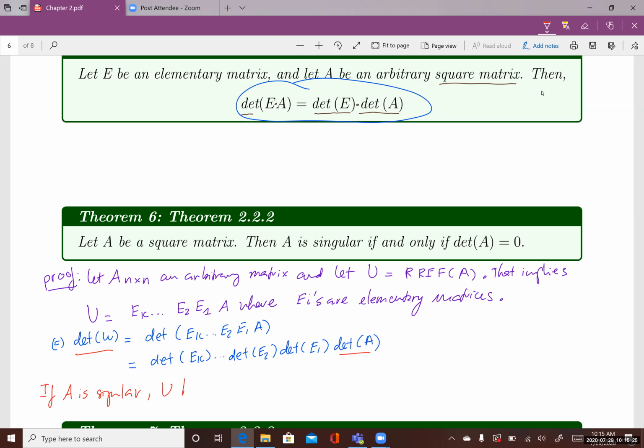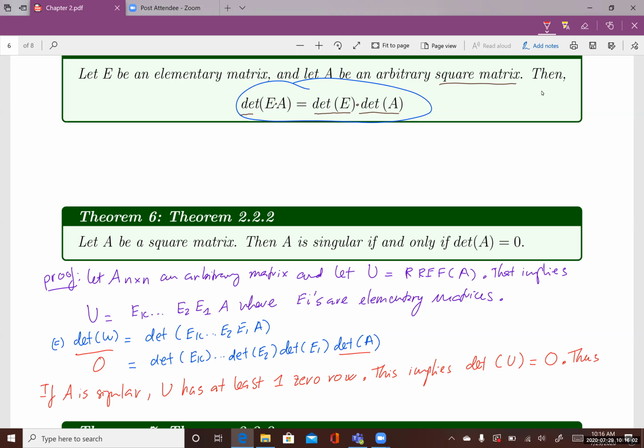Then U has at least one zero row, meaning a row that contains all zeros, which implies the determinant of U equals 0. If the determinant of U equals 0, then the determinant of A should be 0 because the determinants of all the elementary matrices are not 0.